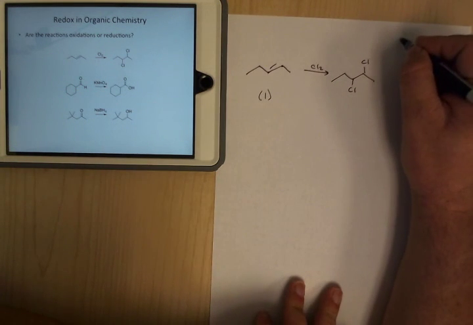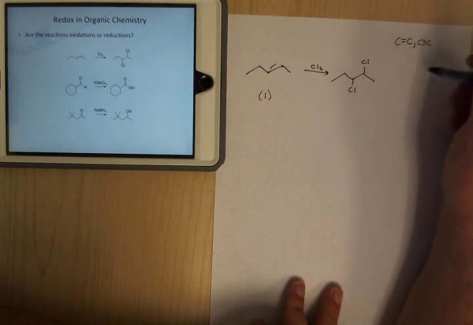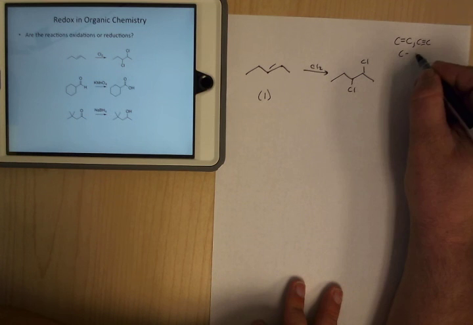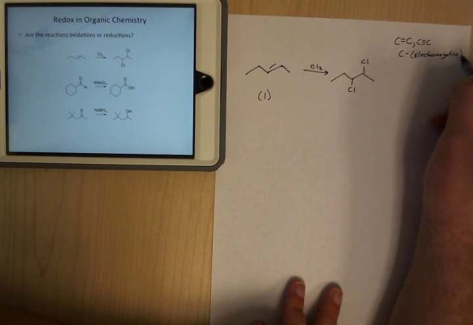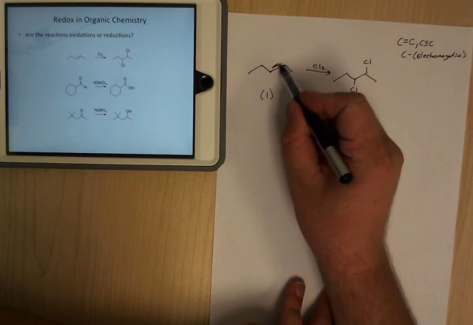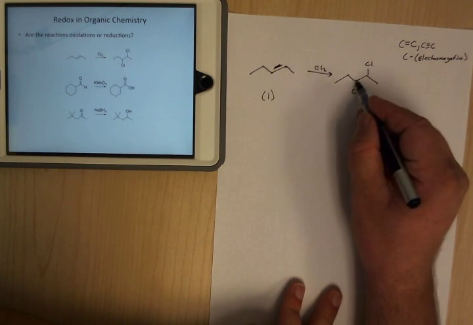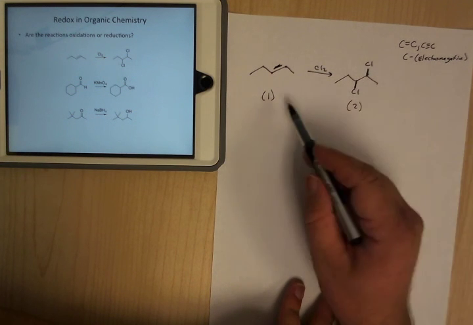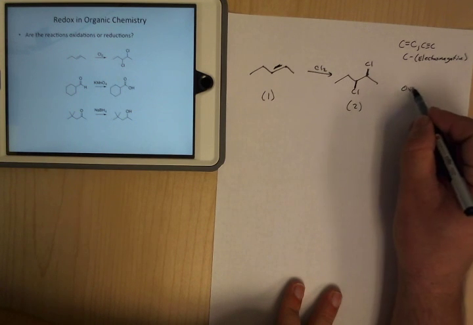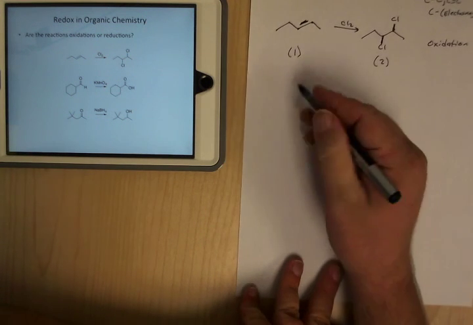We're looking for the C triple bond C, and then C electronegative. So we have one here, one carbon-oxygen bond, and here we have two carbon-electronegative, this one here and this one here. So we're going from 1 to 2, so it's an oxidation. The number goes up, so it's oxidation.